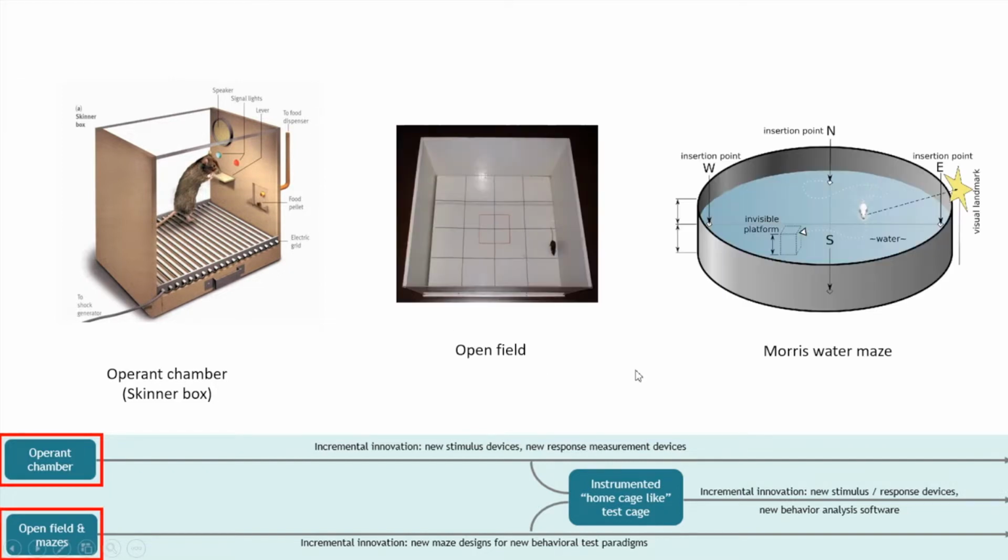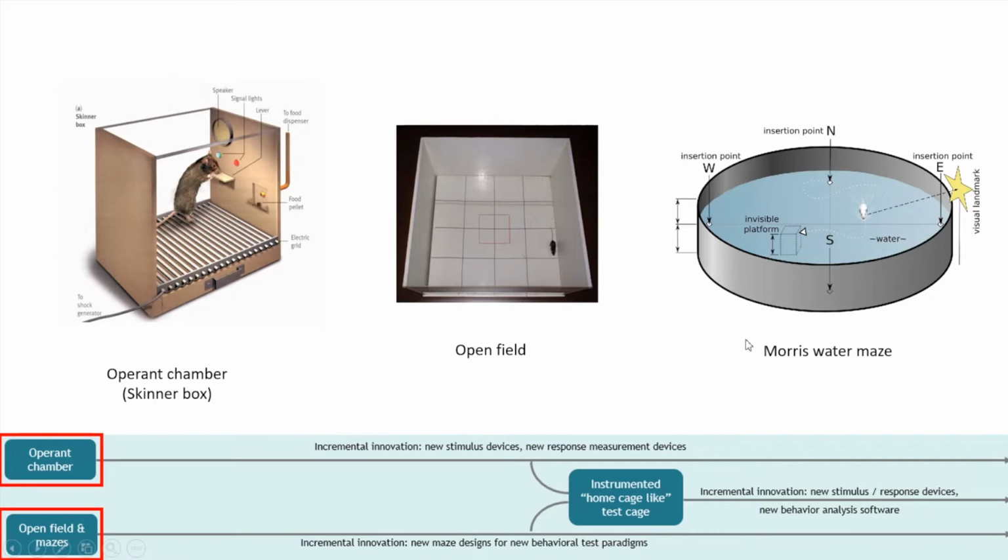The other way of working is the study of spontaneous behavior of animals in open fields or the Morris water maze, in which the animal navigates towards a hidden platform, or you record whether the animal is walking along the wall or in the center of the arena. Originally, these recordings were done manually by human observers without any recording equipment. That all came later.